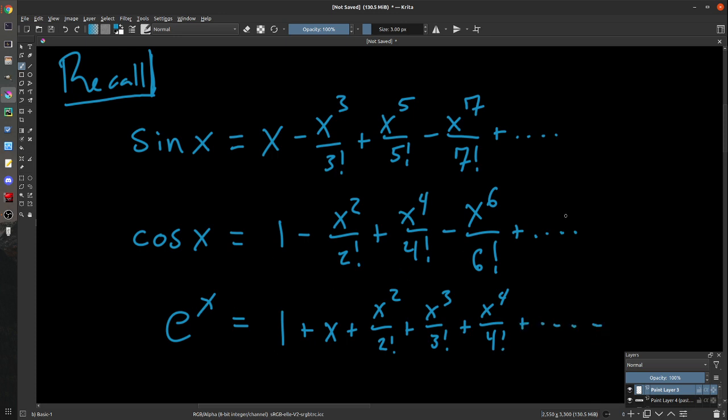So these we're going to recall really quick in case you forgot them. And we're going to use this to inform the way that we should and will make the complex analogs of these functions. So this is going to be one of the main focuses of the beginning of this class.